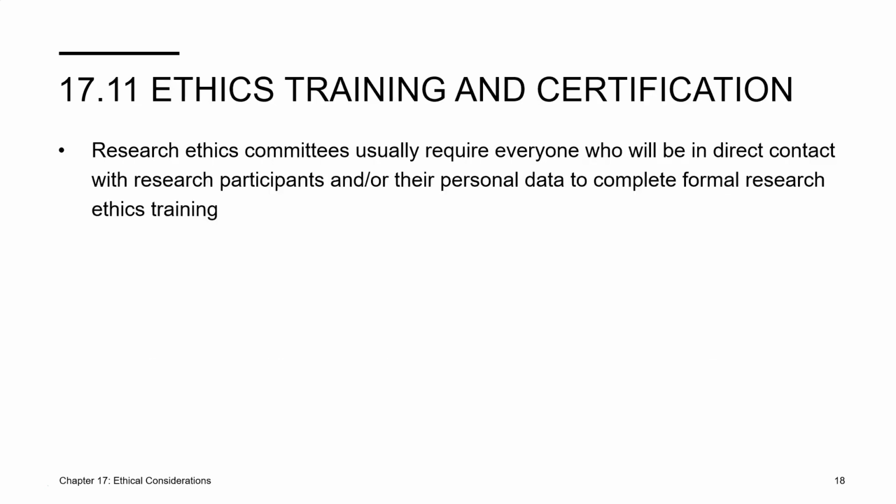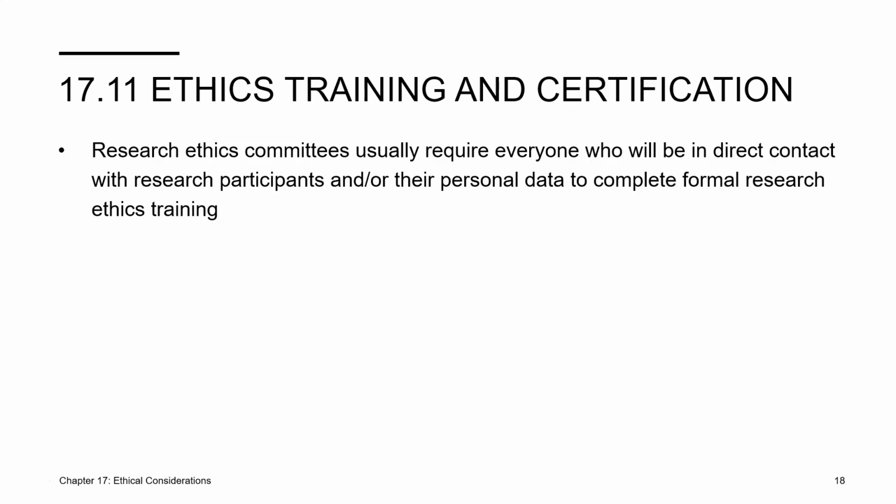And so finally, all of these things are so important, and it's important for researchers to continue to know the changes in the guidelines and make sure that everyone is trained and certified. So Section 17.11 covers ethics training and certification.